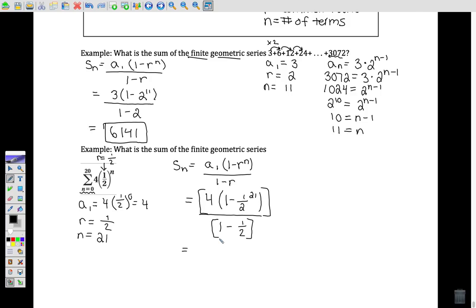When you do this, it turns out to be 7.999, so we're going to say that's approximately 8 as our sum. So take a minute in your calculator and make sure you can plug all of that in and get that 7.99 value.